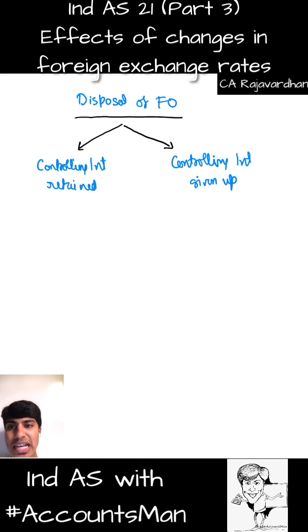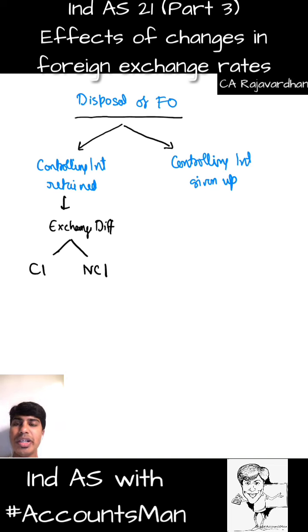So whenever we still have the control, then what will happen? Such exchange difference that will arise previously was segregated between non-controlling interest and controlling interest. Now assume that previously it was 60-40. So 60% of exchange difference I took to controlling interest, 40% I gave to non-controlling interest. But what would happen now? Now it would change, no? Now assume that it becomes 55 and 45. So I need to transfer.